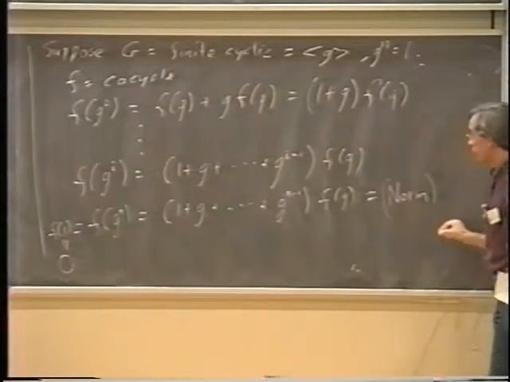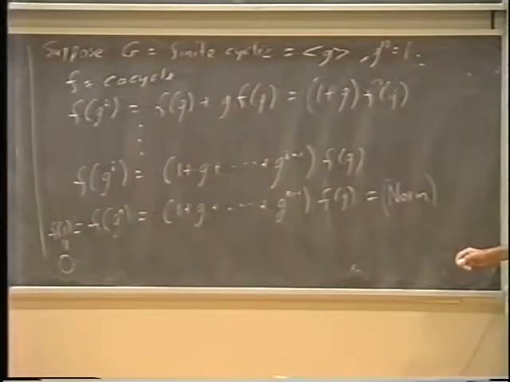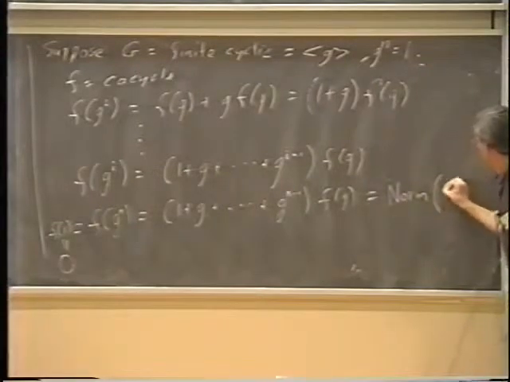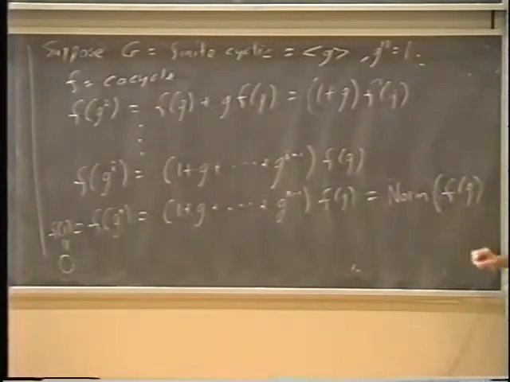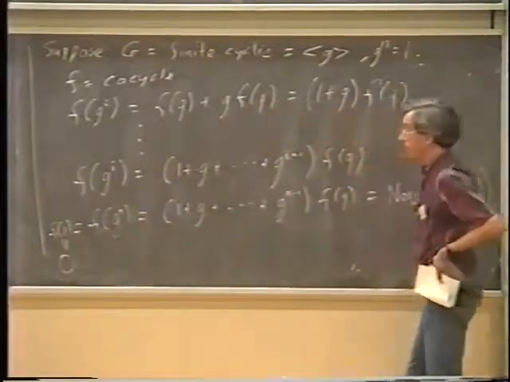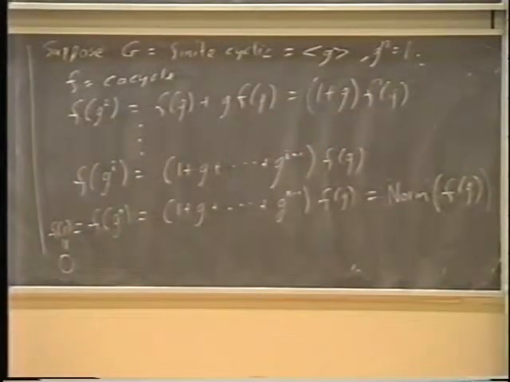There's always this problem, as anybody who's taught abstract algebra knows, between additive and multiplicative notation. So that's the norm of f of g. So we see that we have to have the norm, or trace, whatever, of f of g come out 0 or 1 or whatever you want to call it. So that's life.